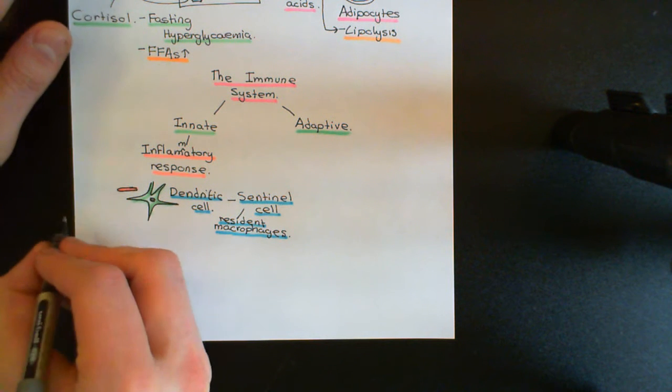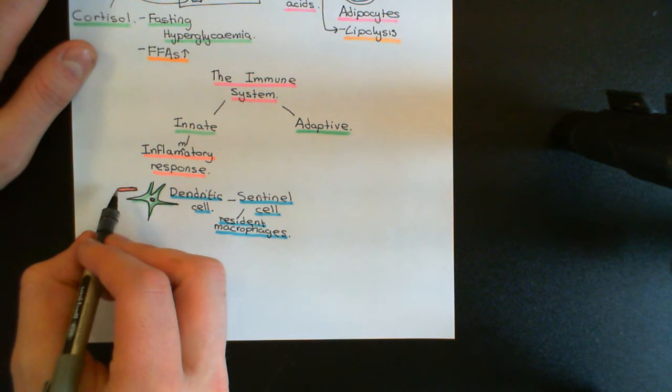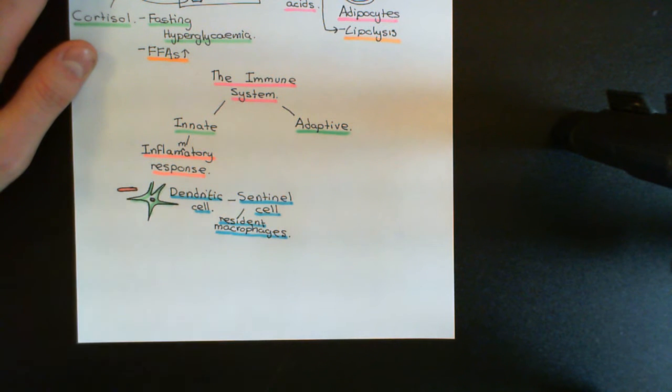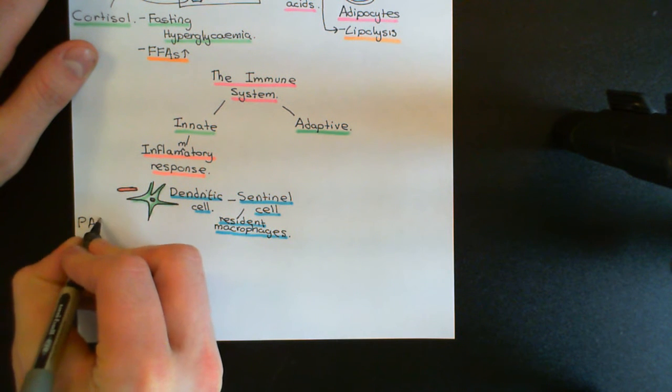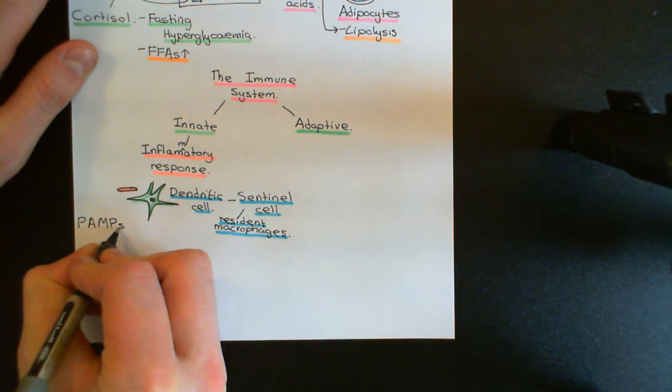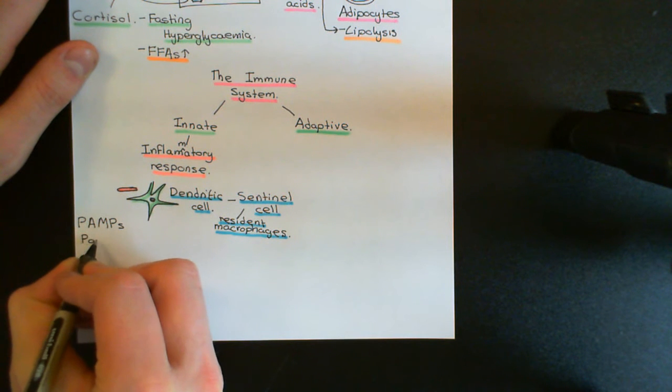And all of these molecules that pathogens can produce, which would never ever be produced by human cells, and therefore are a giveaway sign that a pathogen is present, are clustered under the umbrella term PAMPs, which stands for Pathogen-Associated Molecular Patterns.